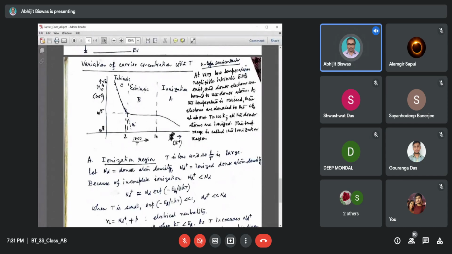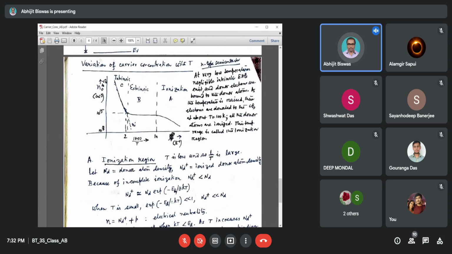Is it clear? The thermal energy is not sufficient to energize all the donor impurities in the semiconductor. Therefore, we'll find some kind of incomplete ionization, meaning the ionized donors, which are capable of donating their electrons to the conduction band, are fewer than the donor concentration. So you will find fewer electrons available for conduction in the conduction band.